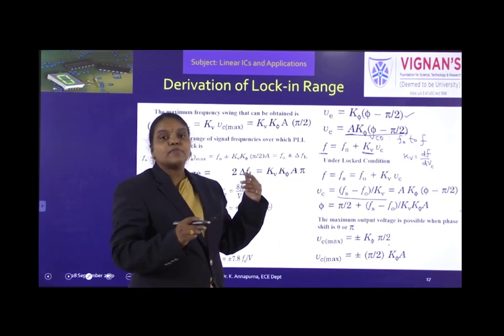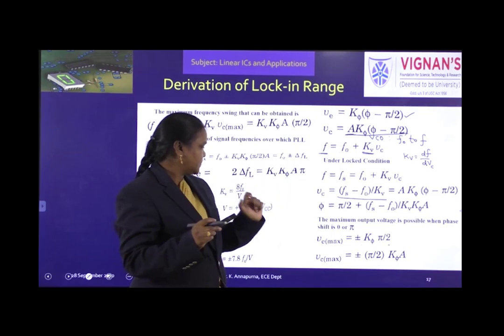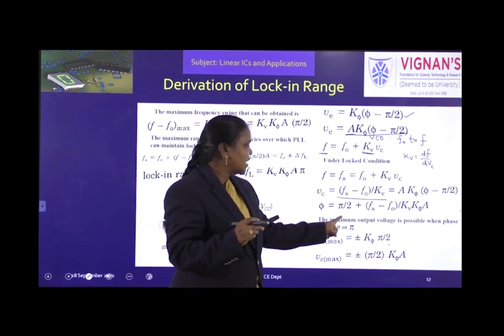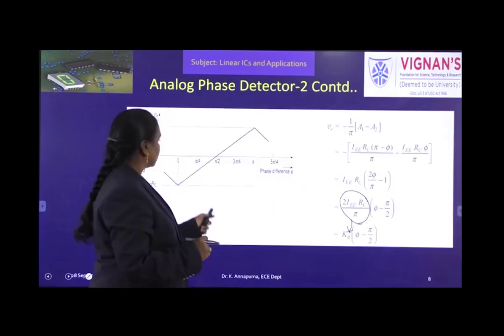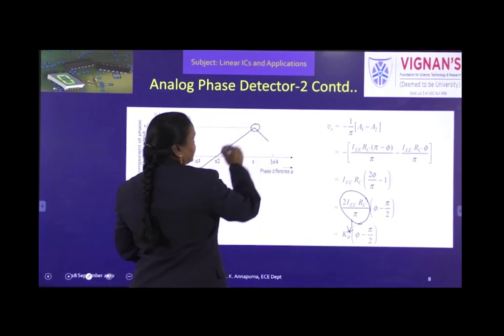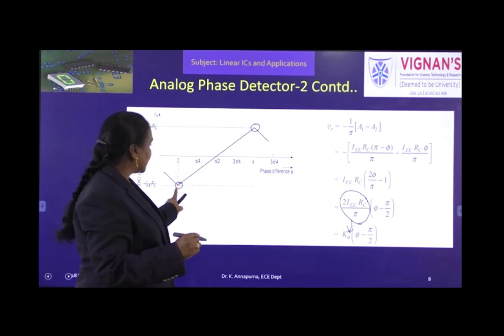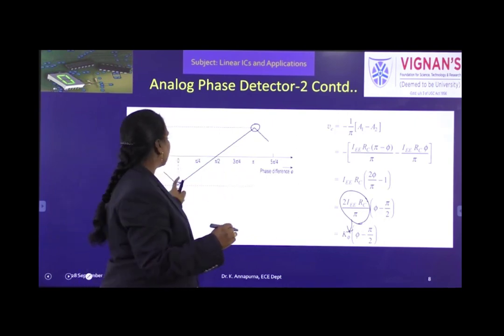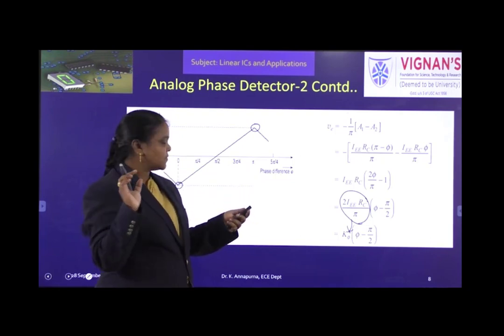And maximum output voltage change is possible when the error voltage is maximum. Okay, and just now we have seen, see here, maximum is possible at phase shift 0 as well as phase shift pi. Okay, when there is a phase shift of 0 degrees or pi, it is giving us the maximum magnitude of error voltage.